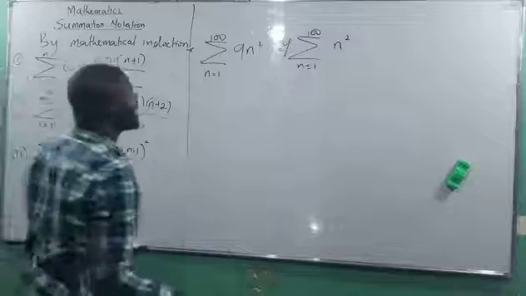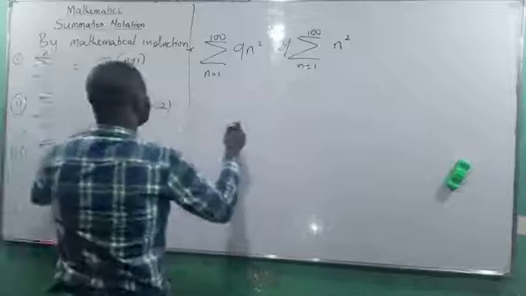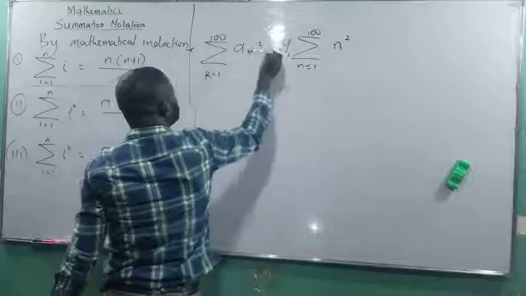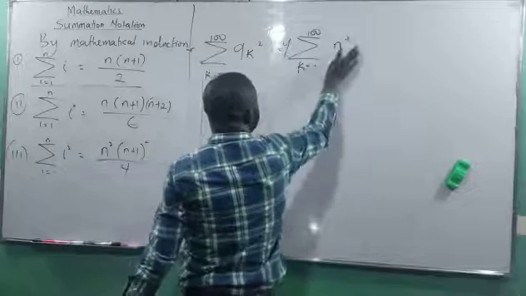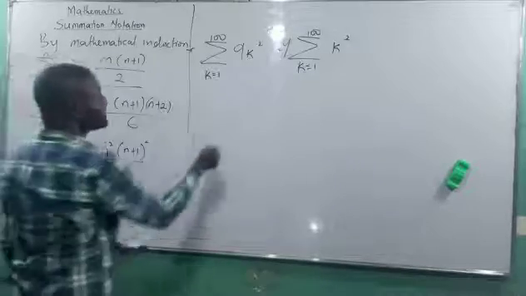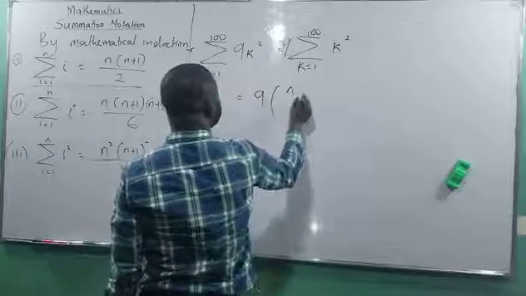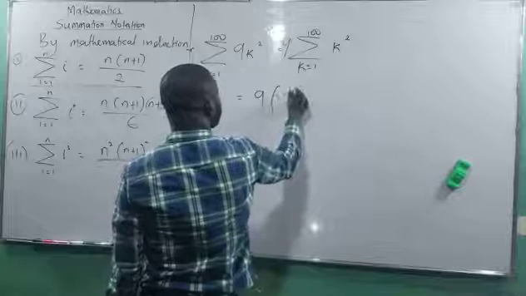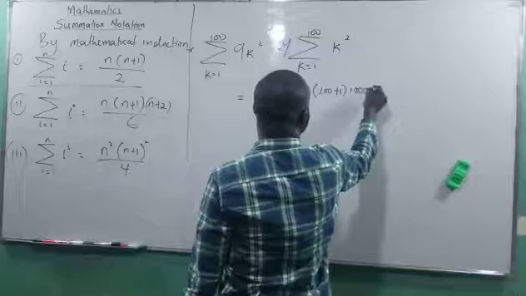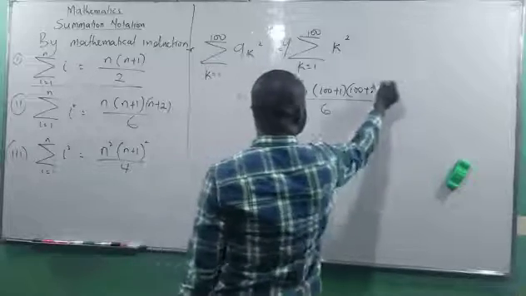It means I'll be having 9 bracket of the sum of n squared, that will be 100 bracket of 100 plus 1, 100 plus 2, divided by 6, bracket of this.